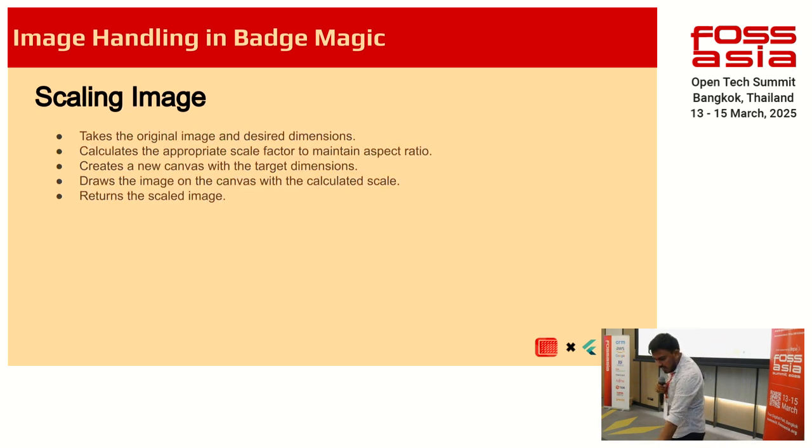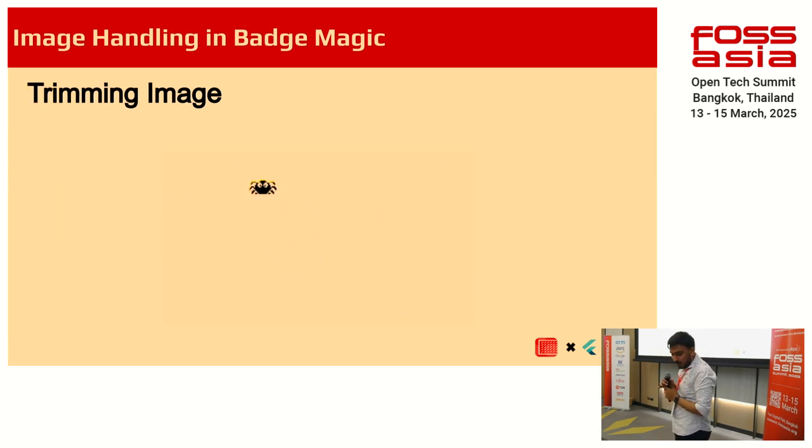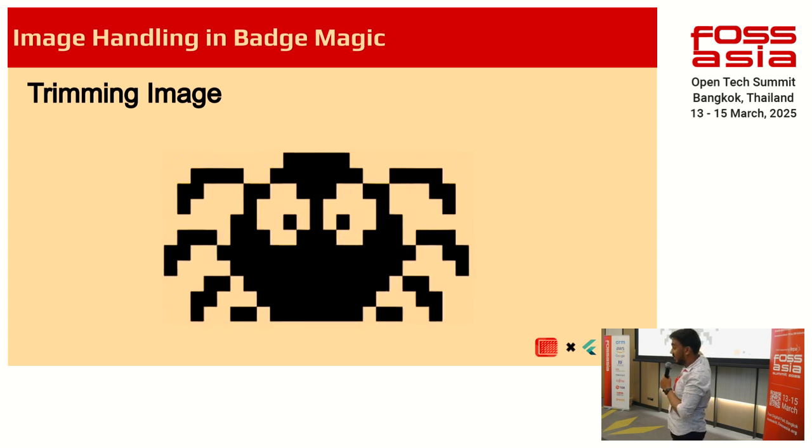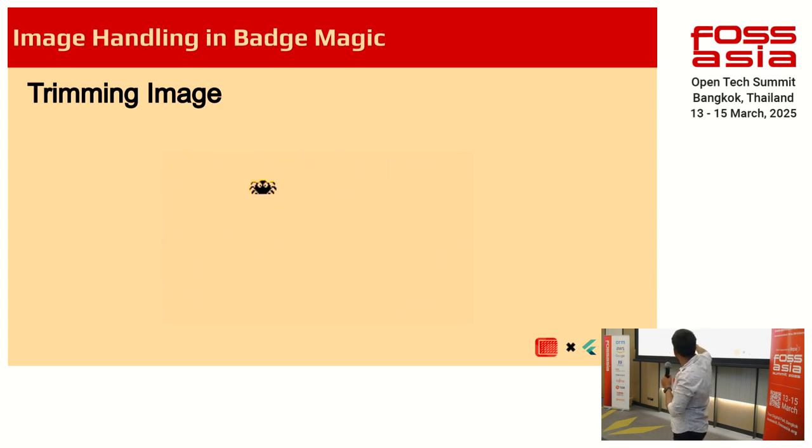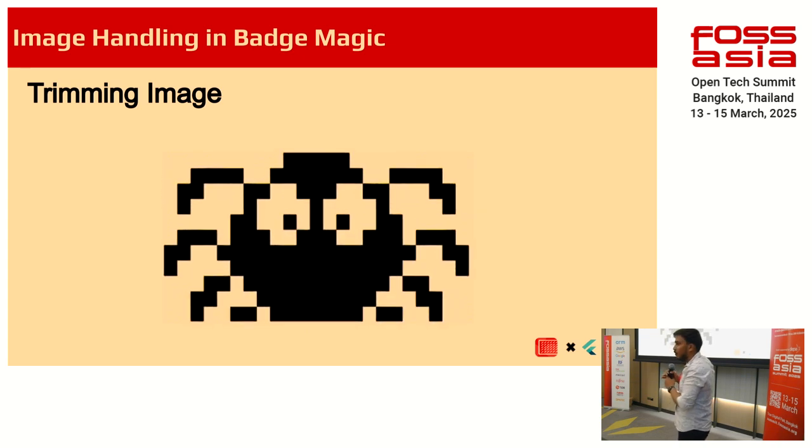And then this is the scaling of the image. Scaling is basically how we scale the image. We take the ratio, we shrink down the image to the badge size, and that's it. Scaling is pretty basic. For trimming the image, I want to explain how trimming happens. I added this GIF of how it actually happens in Badge Magic. If you can see all these 4 lines, that's what we are doing.